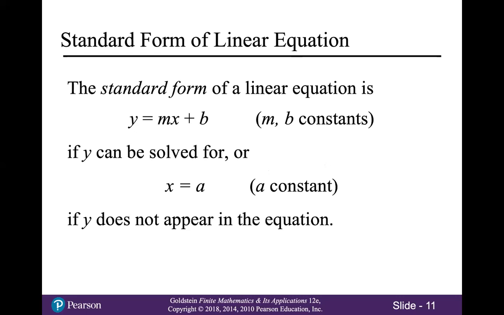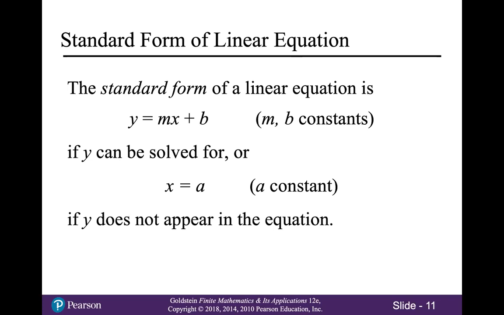All right, now linear equations can come in different forms. The standard form of a linear equation, also known as the slope-intercept form, is y equals mx plus b, where m and b can be any constants. That's if you're able to solve the equation for y.